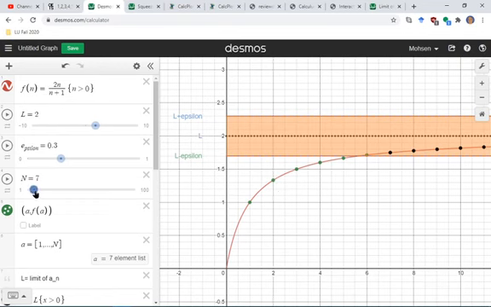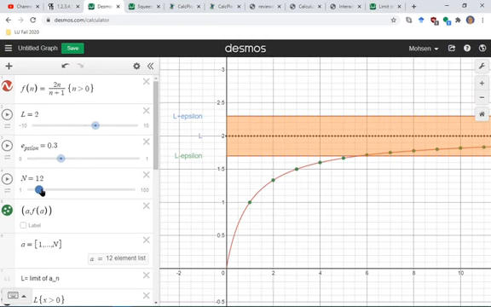Now, I take this sequence of points and I start going through them. This one, I color it green. 2, 3, I color them.